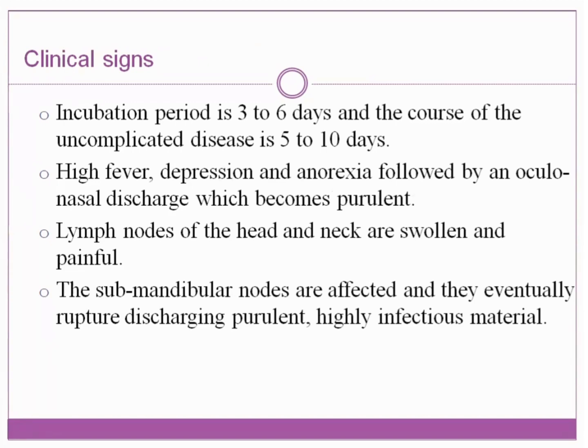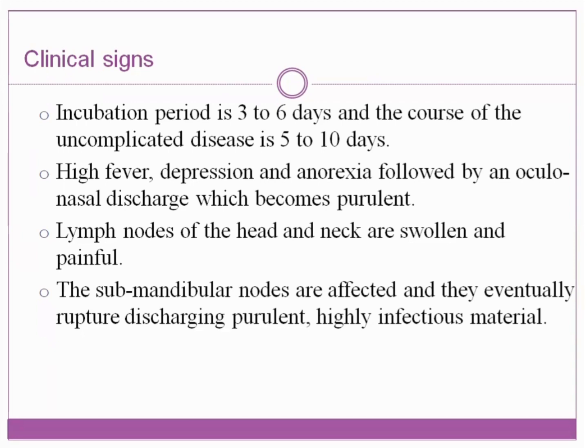Next point: high fever, depression, anorexia, followed by oculonasal discharge, which becomes purulent. In the starting phase of the disease, high fever, depression, and anorexia are usual features found in many disease conditions. So we can't tell whether it is another bacterial infection, a viral infection, or Streptococcus equi infection.